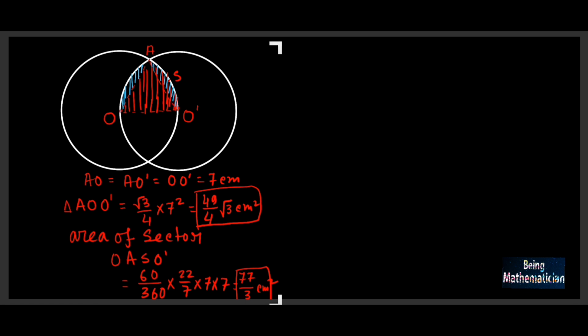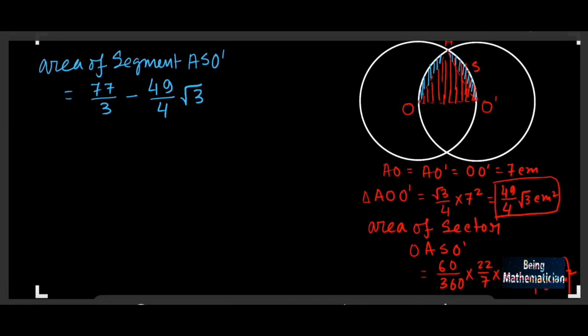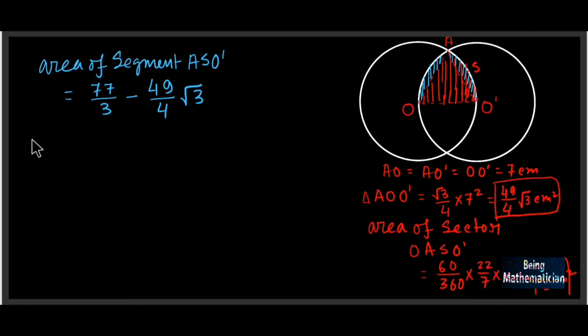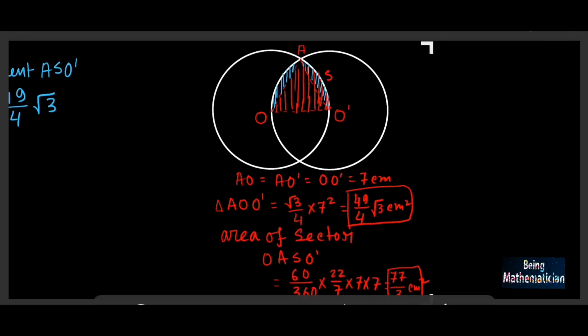So we can find the area of whole AO dash, means this part.